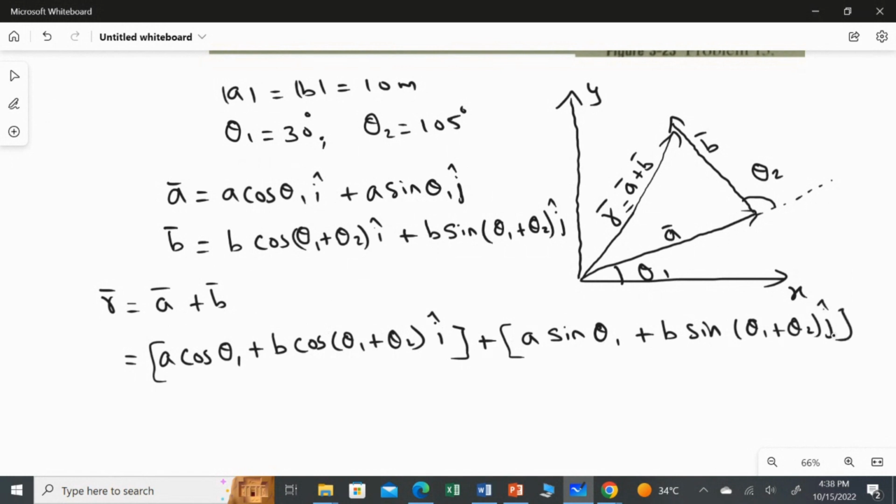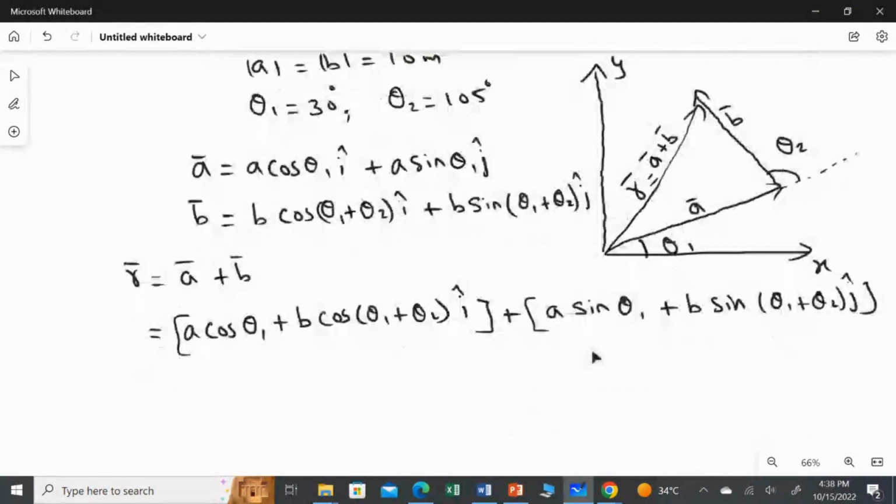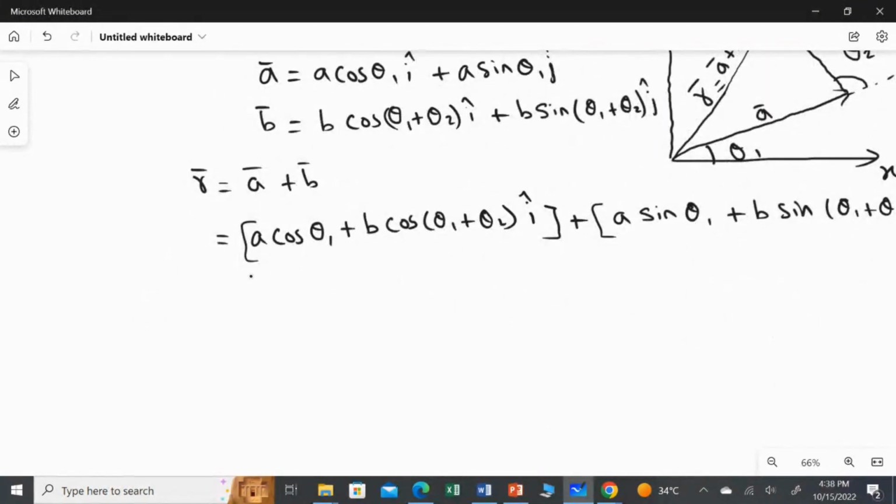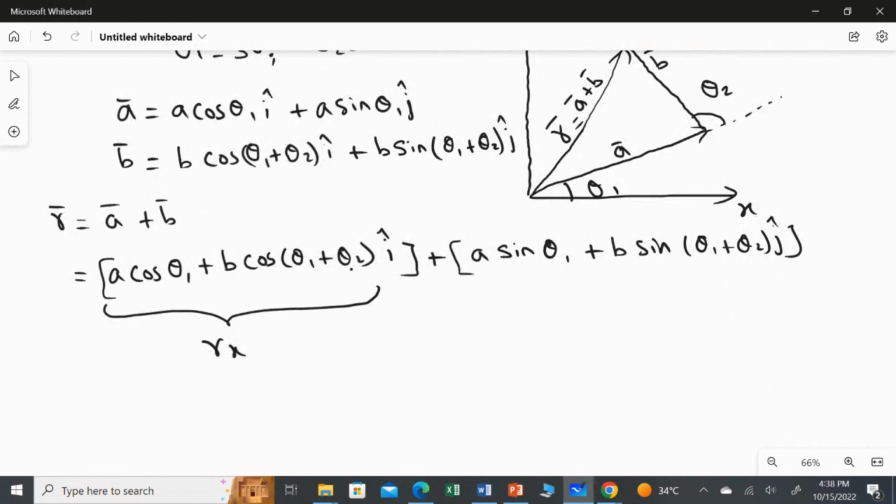Clear? Now, the x component of R is this one, which is Rx, and the y component of R is this one, so this is our Ry.